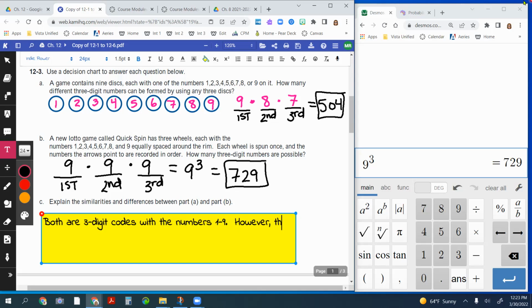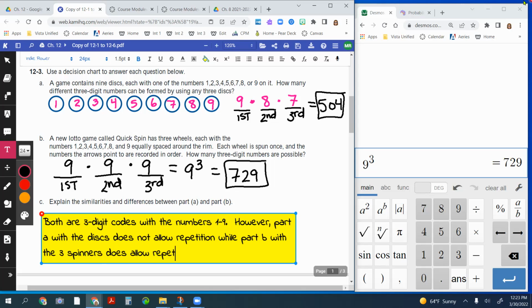However, I'll say part A with the discs does not allow repetition, while part B with the 3 spinners does allow repetition. Okay, next problem.